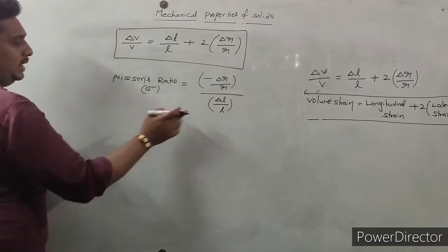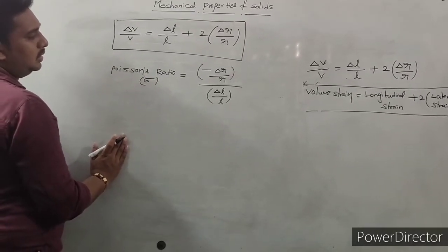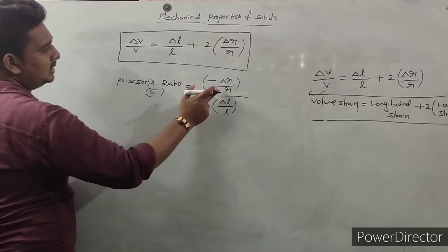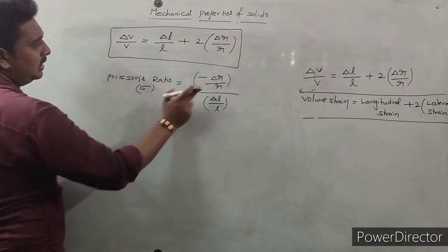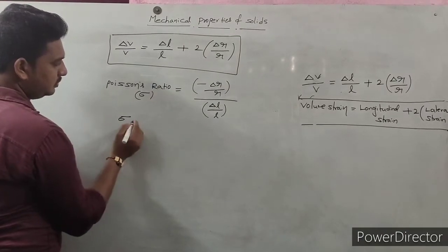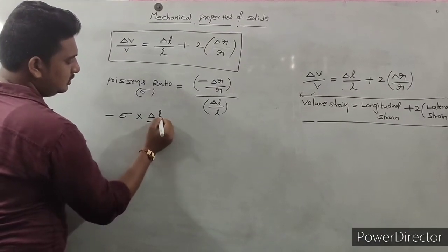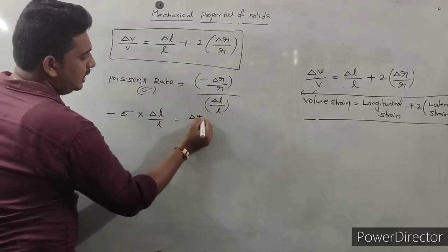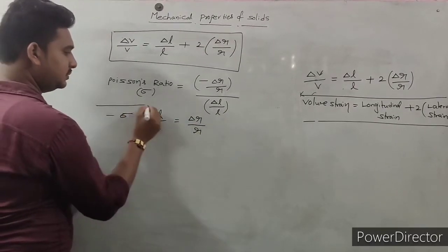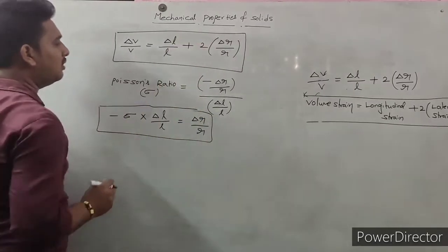That means delta R by R is equal to minus sigma into delta L by L, from this formula. So substitute the delta R by R value here.